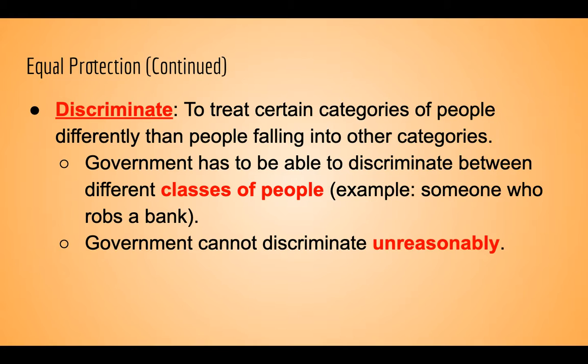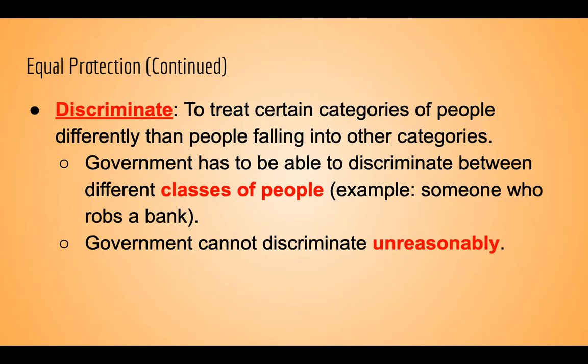So discrimination is to treat certain categories of people differently than people that fall into other categories. Usually we see this in situations such as racism or bigotry or Islamophobia, xenophobia, fear of people who are different. This isn't to say that all discrimination is necessarily negative, though it usually carries that connotation.